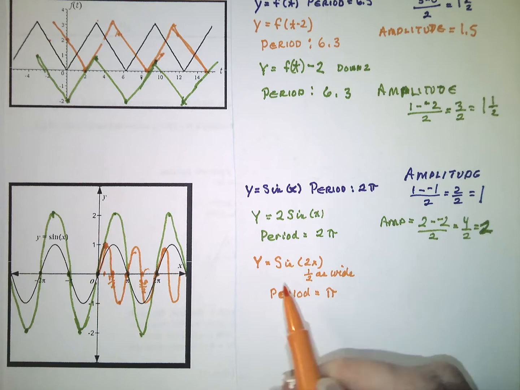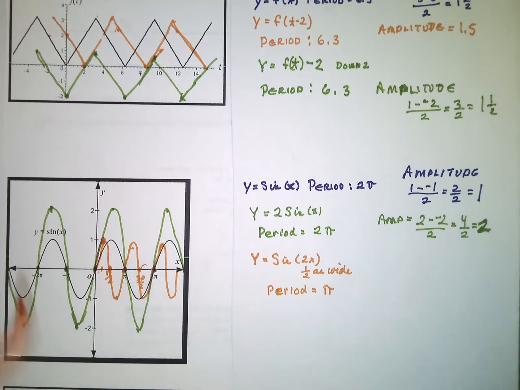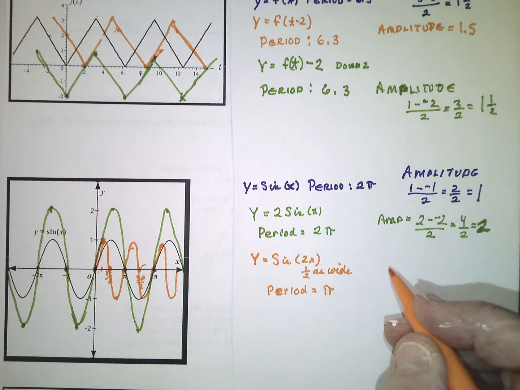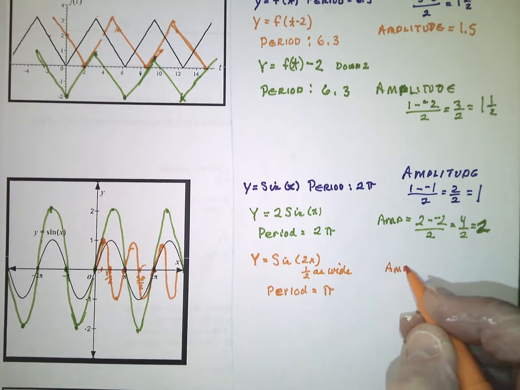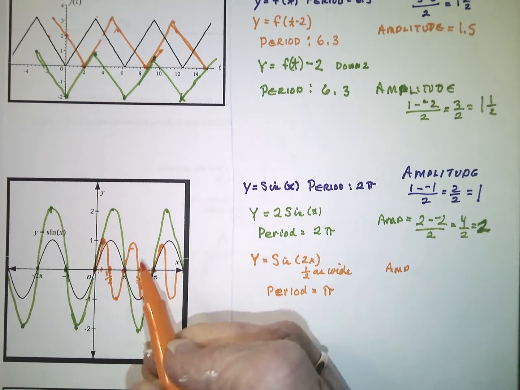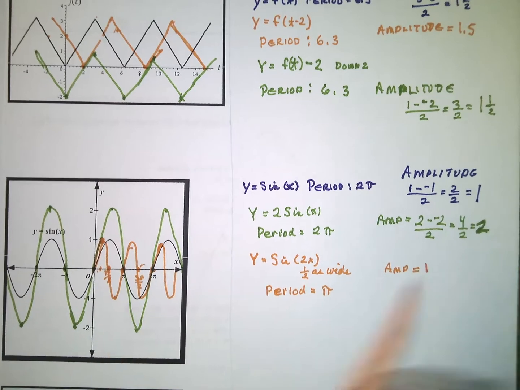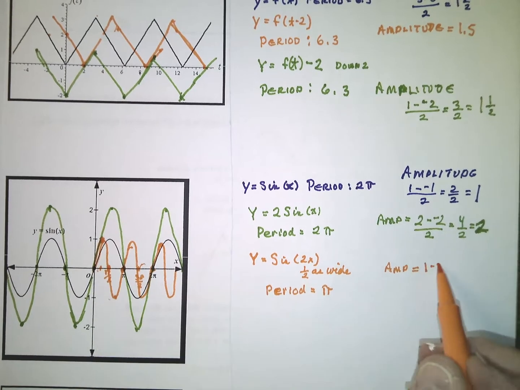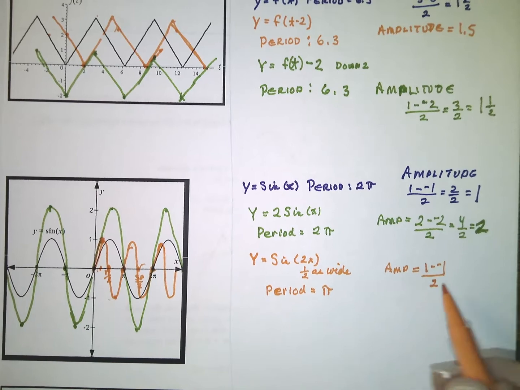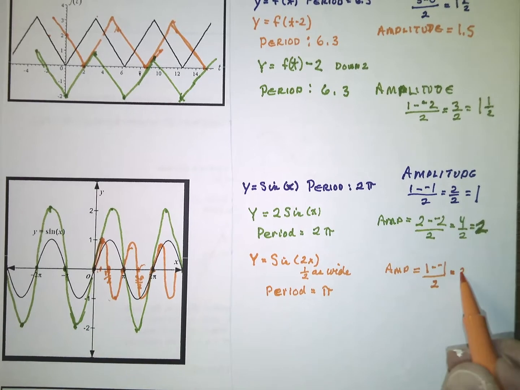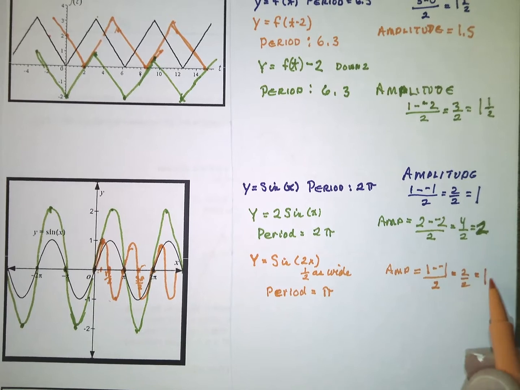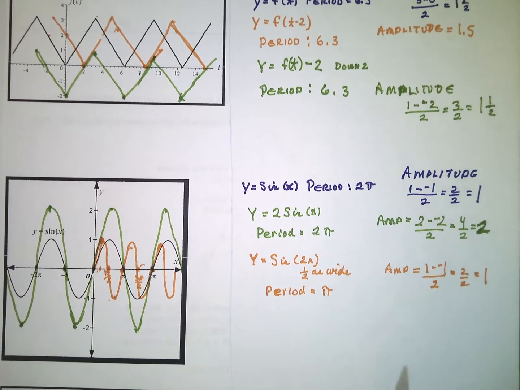We're only going to need 1 pi in order to get one full cycle. Its amplitude? Well, we didn't do anything to the y's. They're still going to go as high as 1, and as low as -1. We divide that difference by 2, and the amplitude is the original 1.